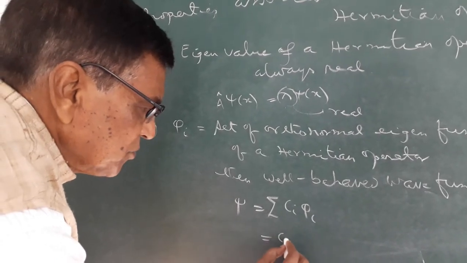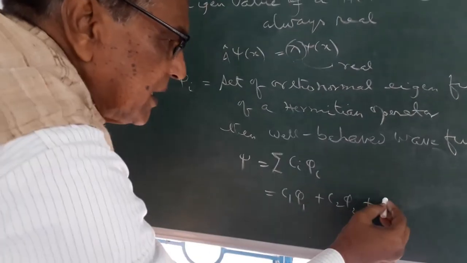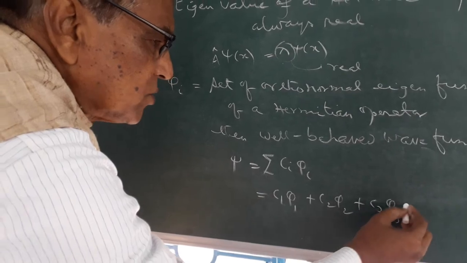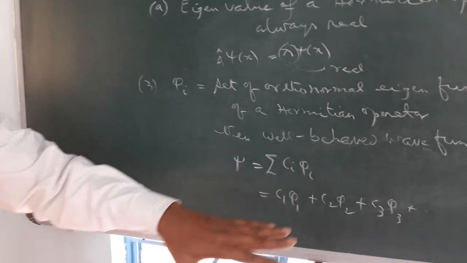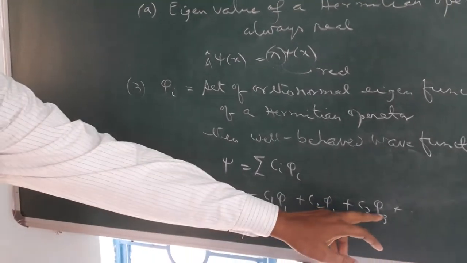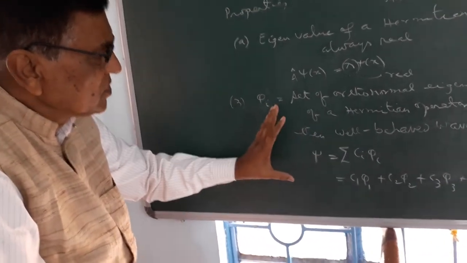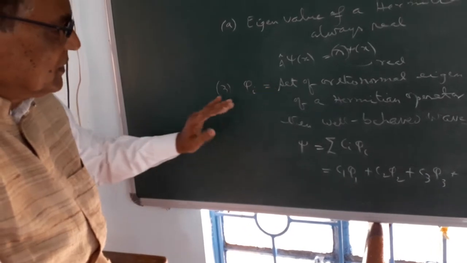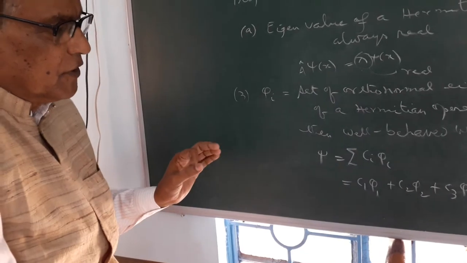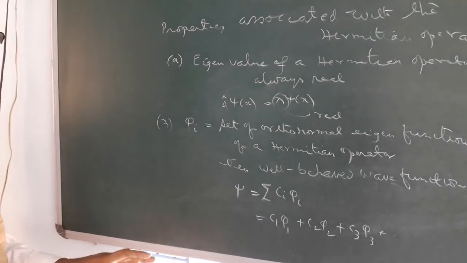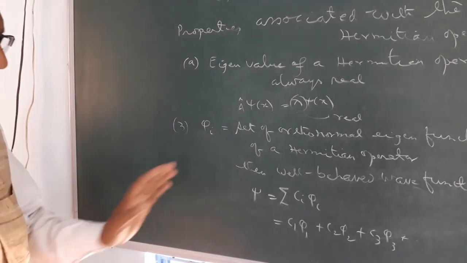This means psi equals C1 phi 1 plus C2 phi 2 plus C3 phi 3 and so on. C1, C2, C3 are the contributing coefficients of phi 1, phi 2, phi 3 towards the formation of this psi. This property is very useful for the formation of molecular orbitals or hybridized orbitals by linear combination of atomic orbitals.